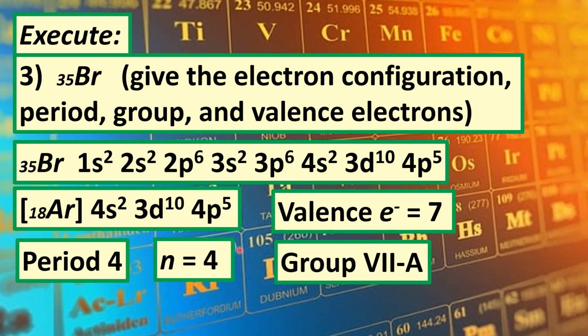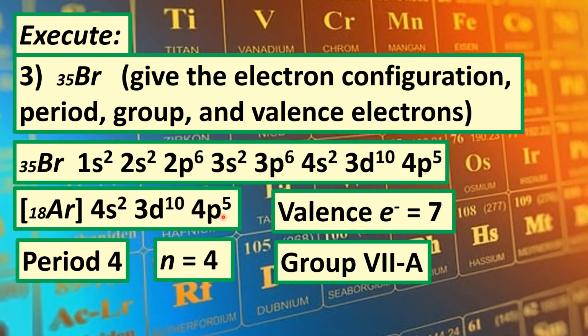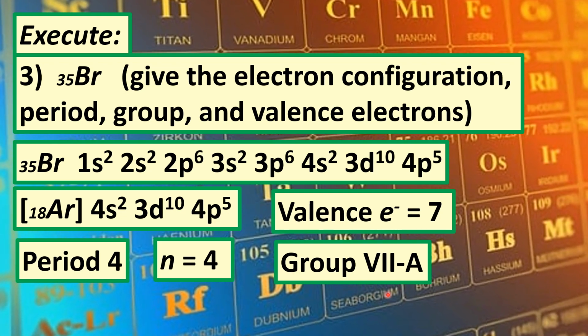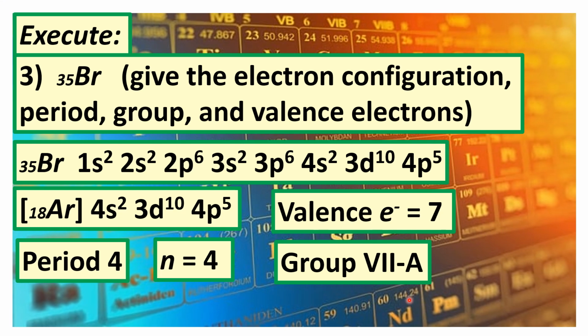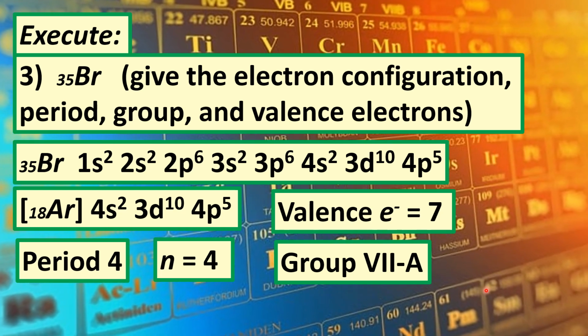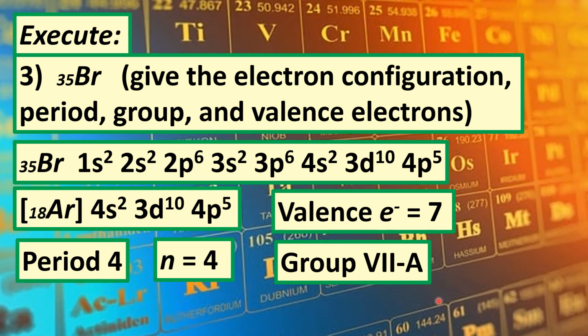Since it is the p orbitals that is being filled, notice it's not yet complete, 4p5, hence, bromine belongs to the p block of elements. In fact, it belongs to the halogen group of elements.